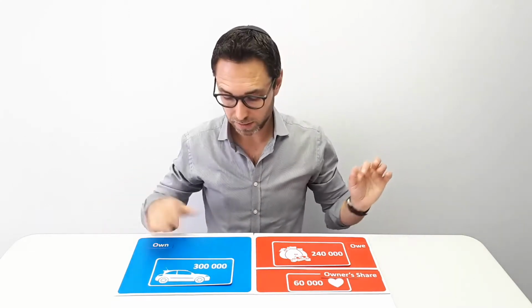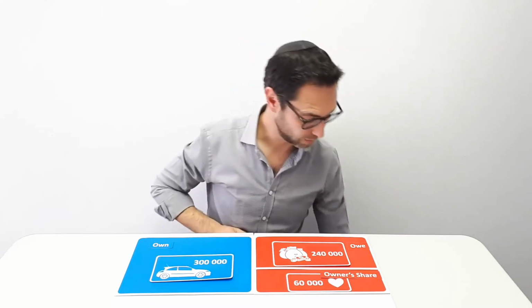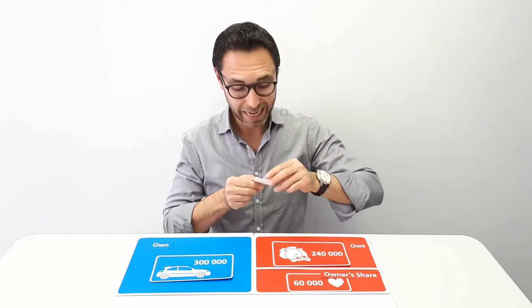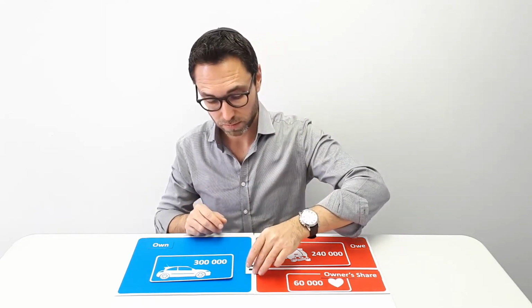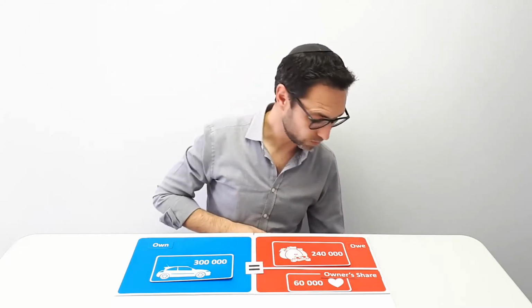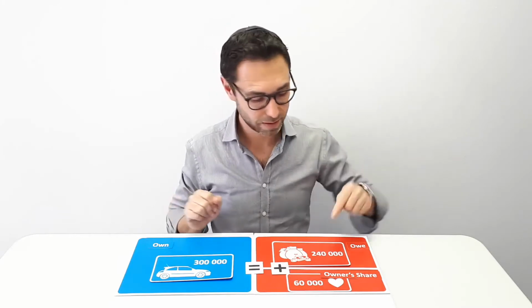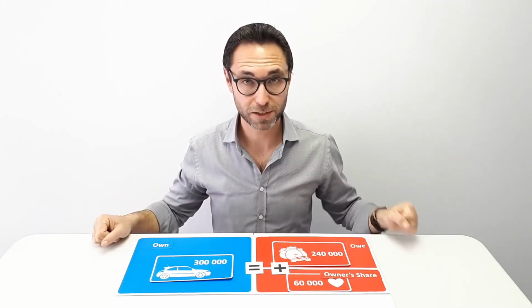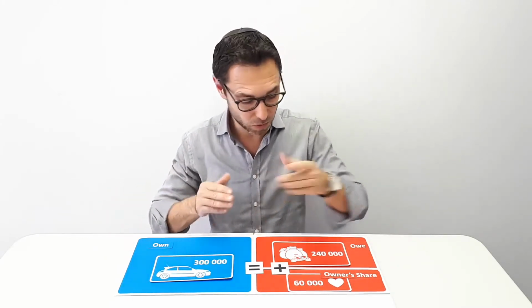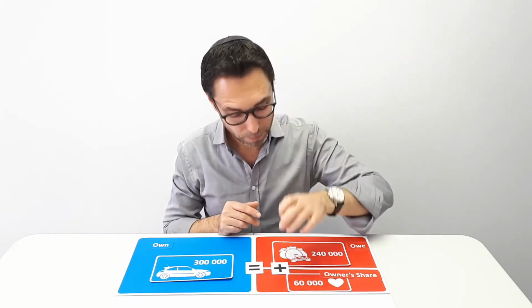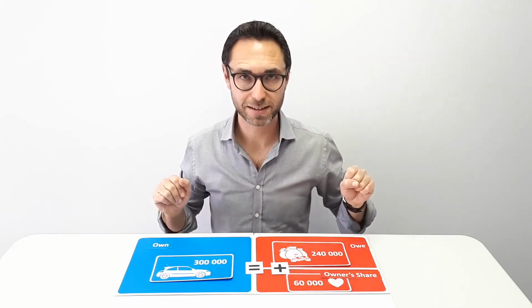We can also now see that this side, what we own, equals what we owe plus the owner's share. Can you see that? 300,000 equals 240,000 plus 60,000.